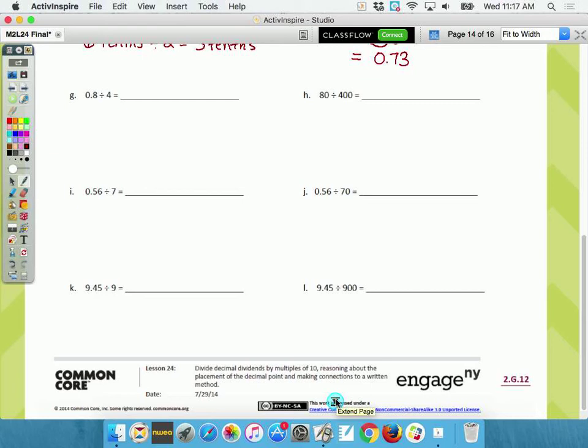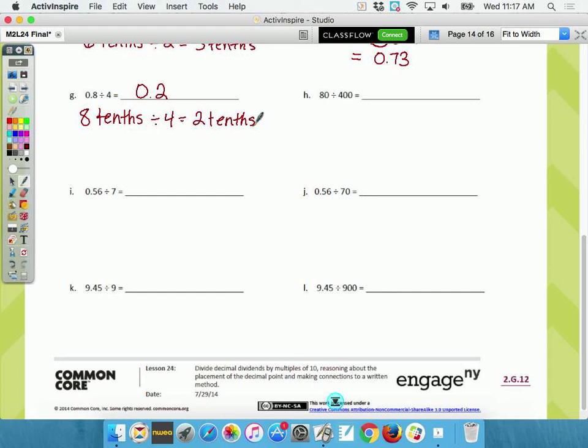Okay, so 8/10 divided by 4. What is it? 2/10. Go ahead and write it. If it helps you to write 8/10, then write it. Okay? Now, I'm not going to use 2/10 in the next problem.